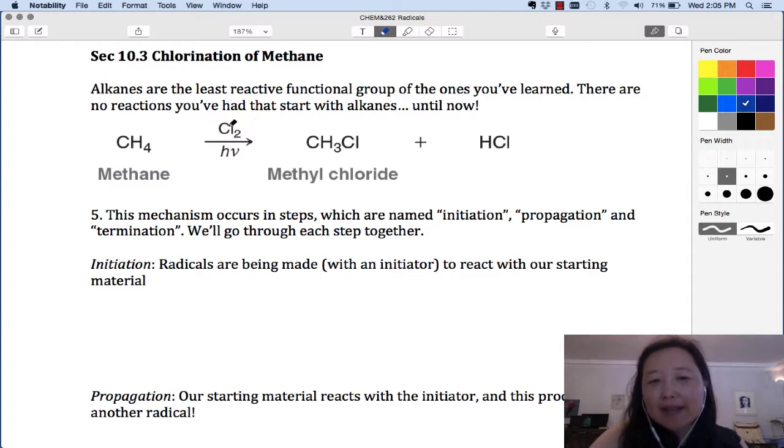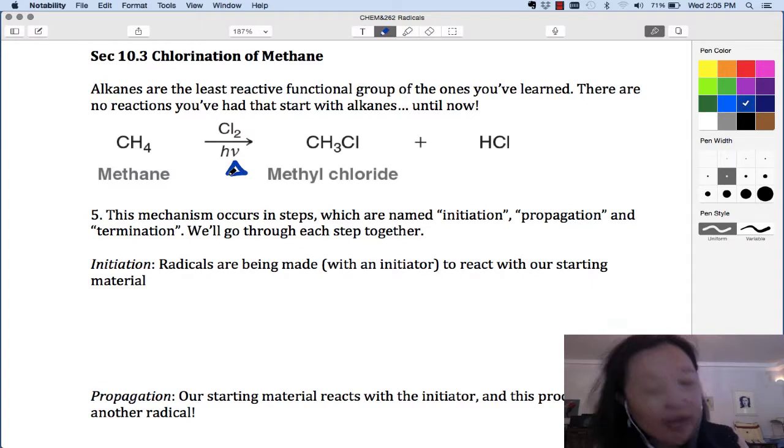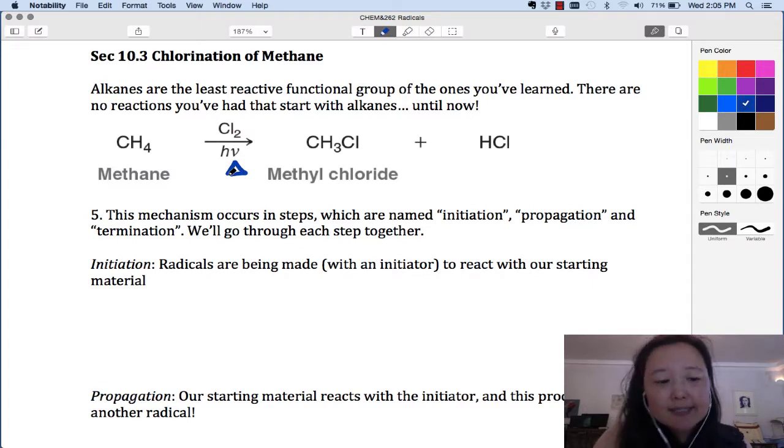But usually it's a halogen or peroxide, because they have bonds that can more easily be broken. And then we usually have some source of energy that helps make that homolytic cleavage occur. Here, this is the symbol for photons, or light, h nu, E equals h nu, a universal symbol for photon. Or also heat. Sometimes you see a little triangle, delta, for heat. In any case, you see something like that as a reactant.